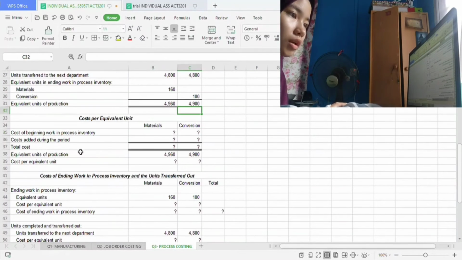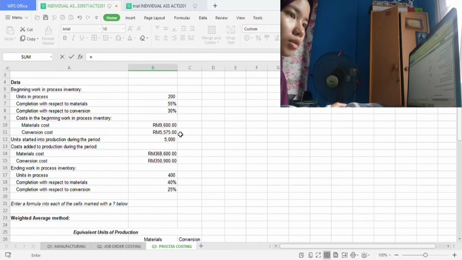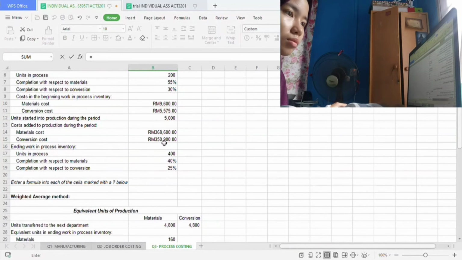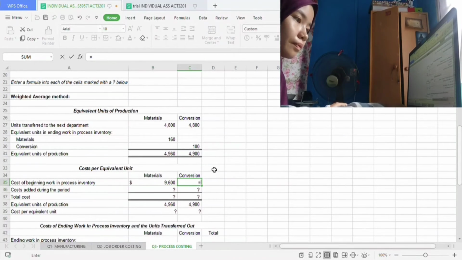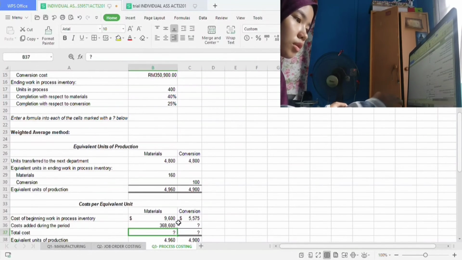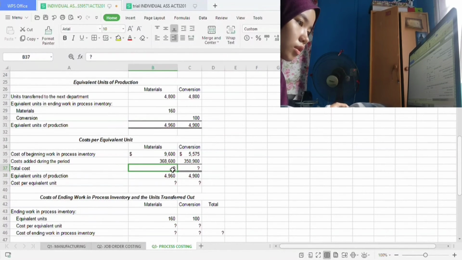So we get the cost per equivalent unit. Cost of beginning work in process, material and conversion, and cost added during the period, material and conversion, just total.